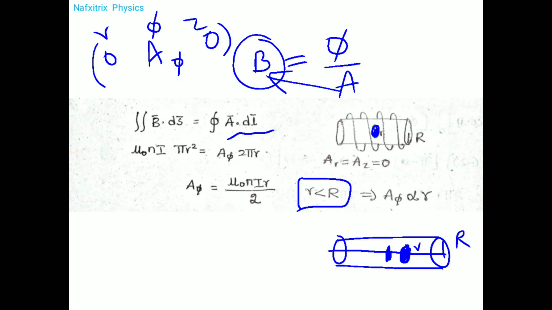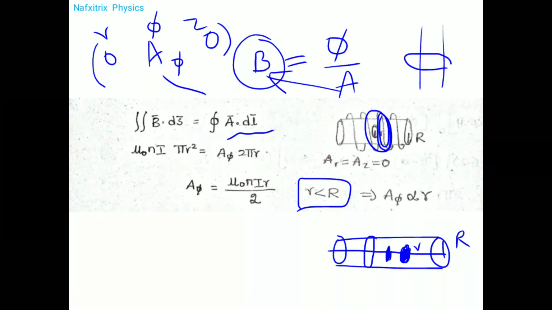So only phi with respect to the direction of length in phi direction. That means this phi direction is in this circular manner. So in these wires, the direction of these wires, how they are, like this, in this circular manner, that is nothing but phi.